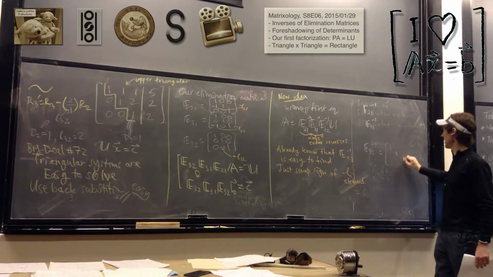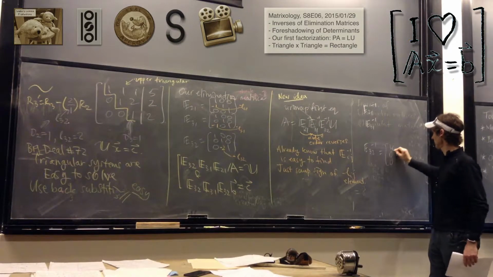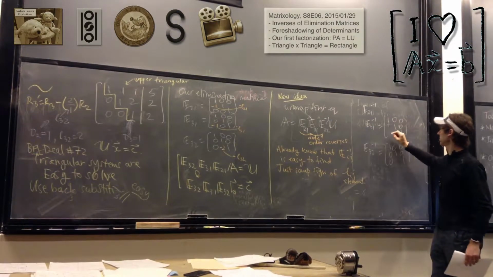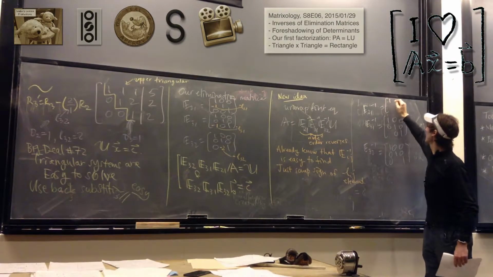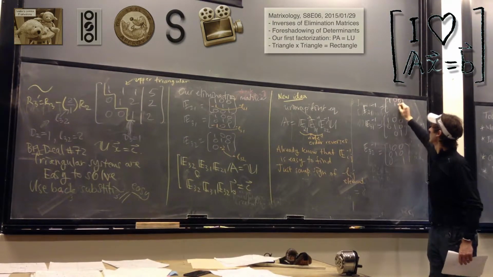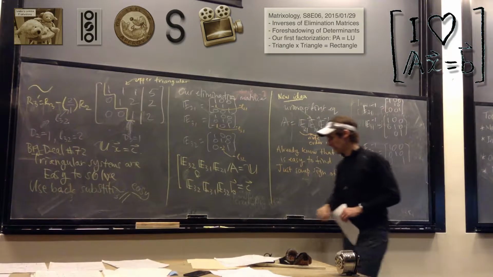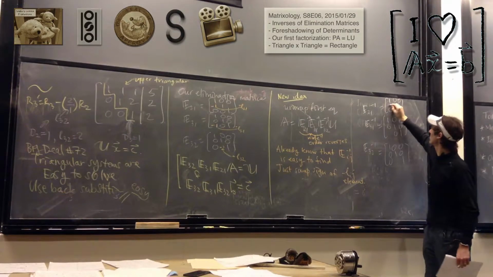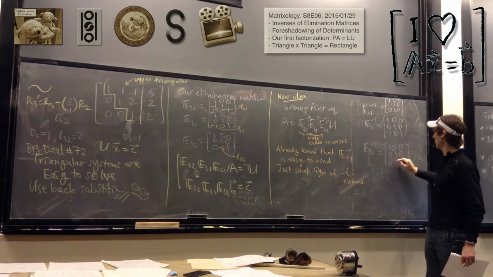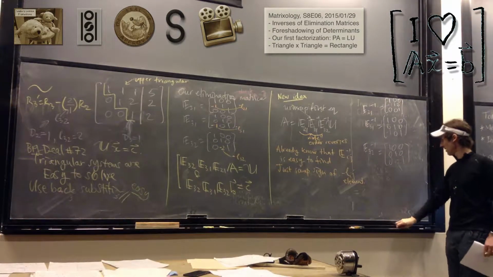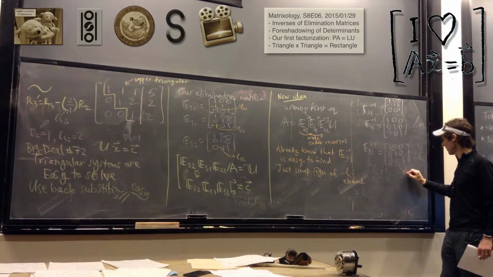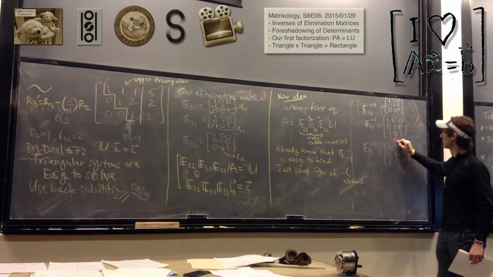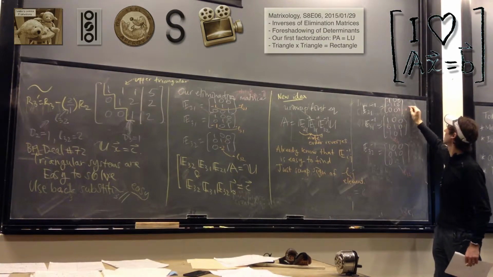Again, they look mostly like the identity matrix, with lots of zeros, and then inside of these things we have a +1, a +1, and a +2. So this is, in general, plus L32, and this is plus L31, and this is plus L21.